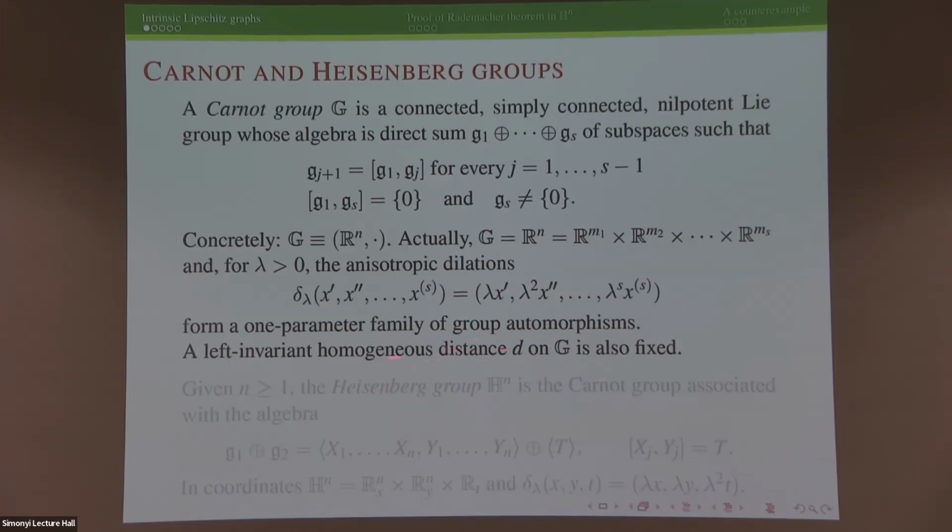You call this a left-invariant homogeneous distance. There are plenty of them. When you endow your stratified group with such a distance, you call it a Carnot group. I guess the terminology was introduced by Gromov.